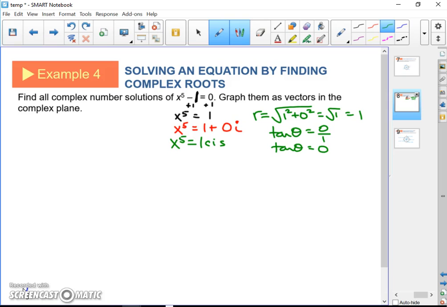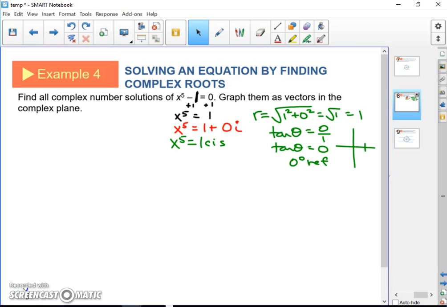That looks like a 0 degree reference. But honestly, when you have a 0 in there, it's probably going to be easier to just imagine where this is. 1 plus 0i is this unit vector right there. What's the angle? That angle is just 0 degrees.